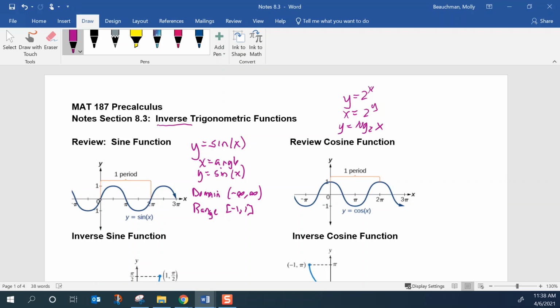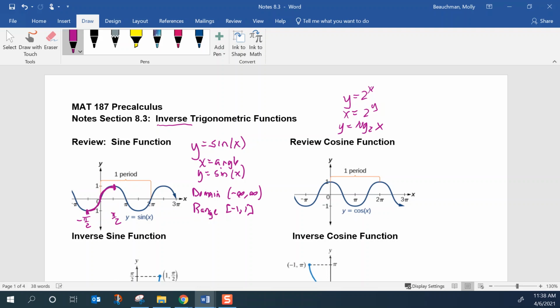So we take a look around an angle measure of 0 and restrict the domain of our sine function so that it is 1 to 1. If we look at the sine function only from negative pi over 2 to pi over 2, that restricted section has an inverse.